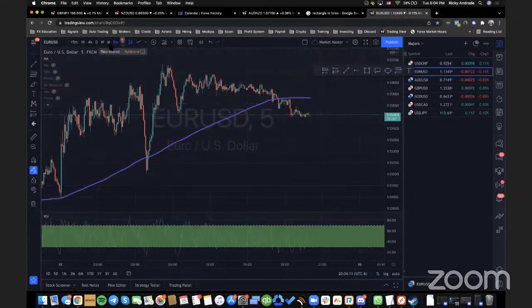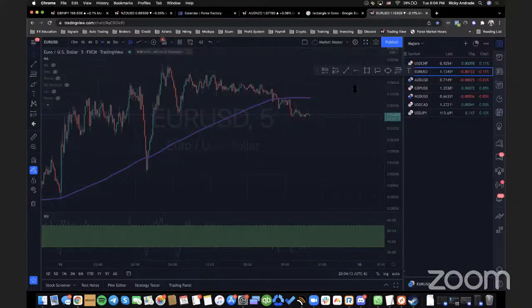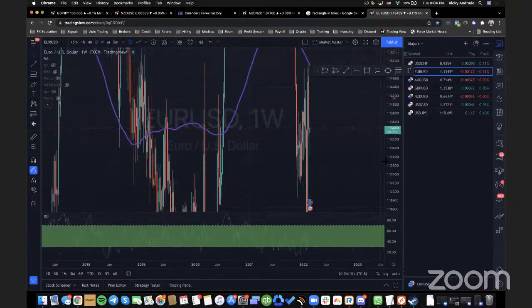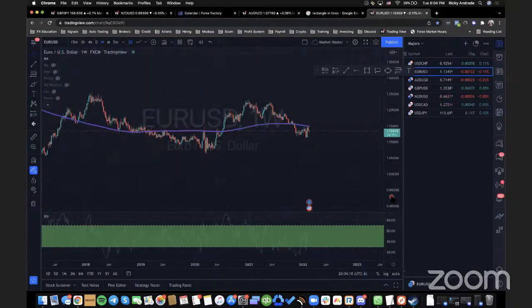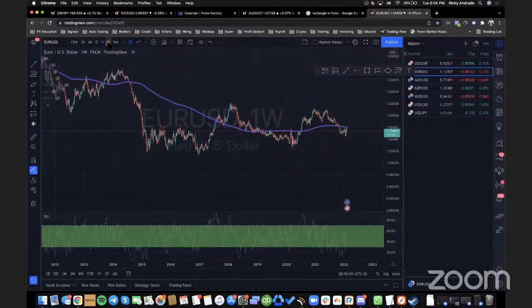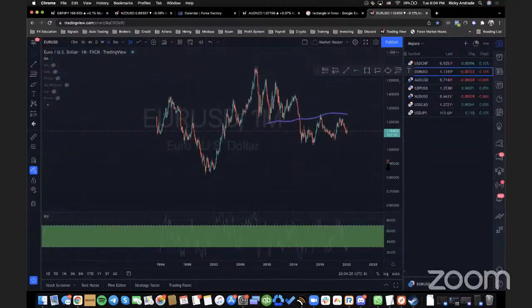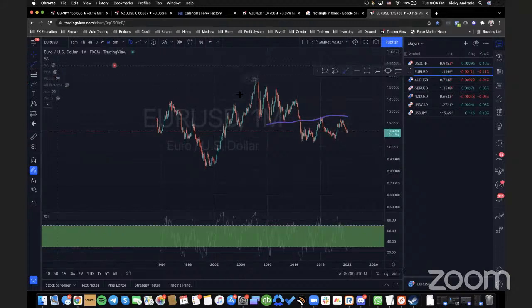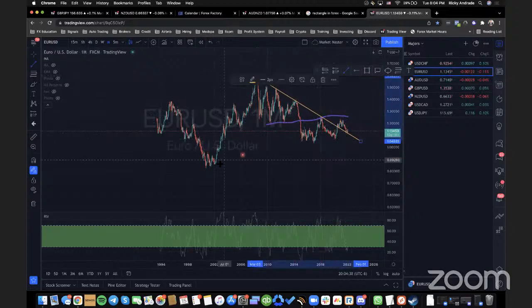Euro USD, race. Okay. Monthly time frame. So it broke out and it's hitting support on this side.